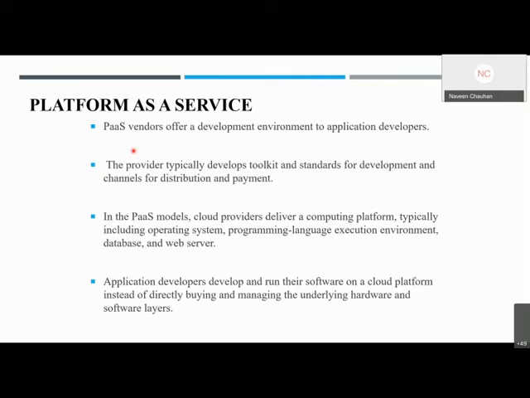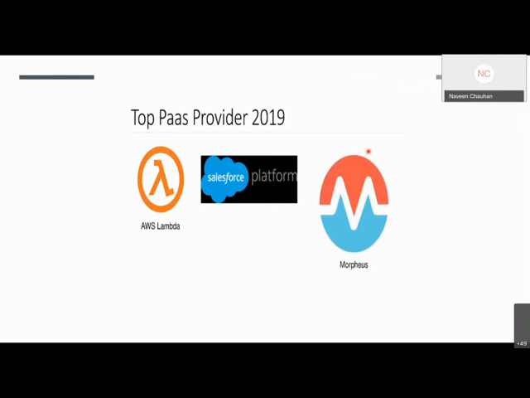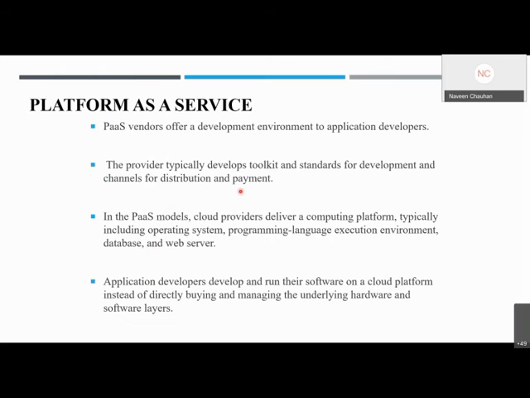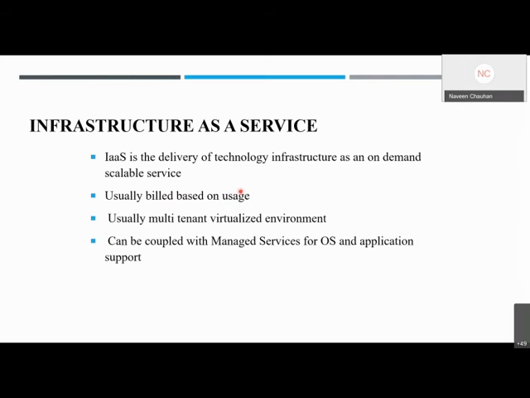Whereas in case of platform as a service, the cloud gives you the development environment to develop application software, etc. This is the main point about platform as a service. The top PaaS providers are AWS Lambda, Morpheus, Salesforce platform, etc. These are all the providers which provide us the platforms in order to develop application software.